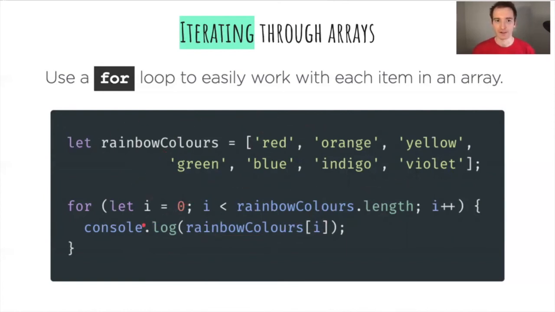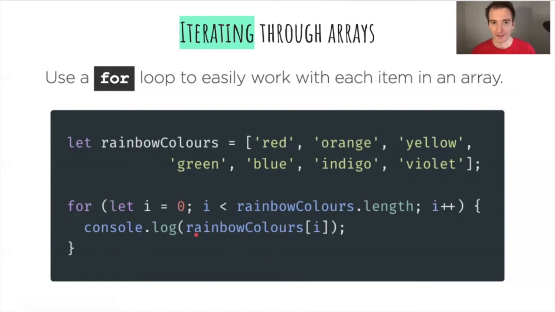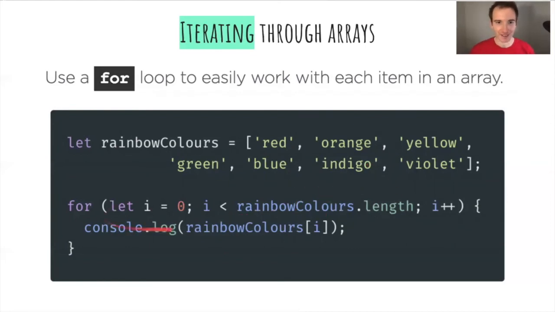So first time, we're going to set i equals 0. 0 is less than 7. So we're going to run this code, and we're going to get the item at rainbow colors index 0, which is red, and we'll log out red. Then this keeps running continually, repeating on and on with this loop stuff. So we have 0, we log out red.